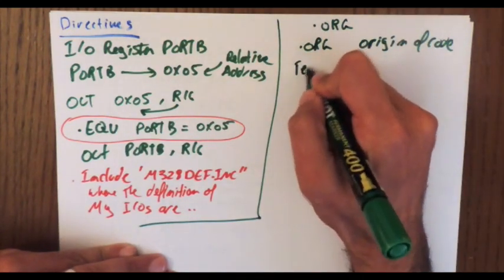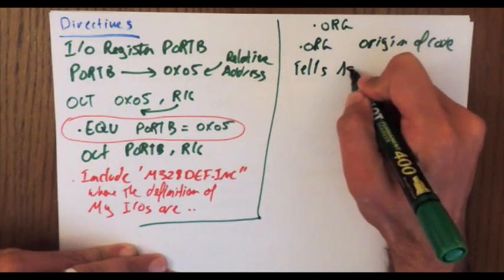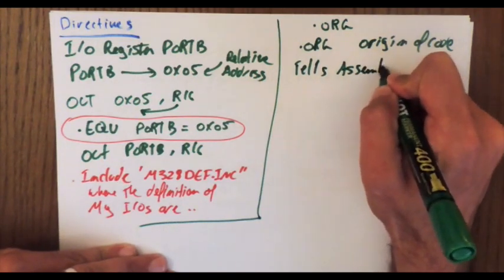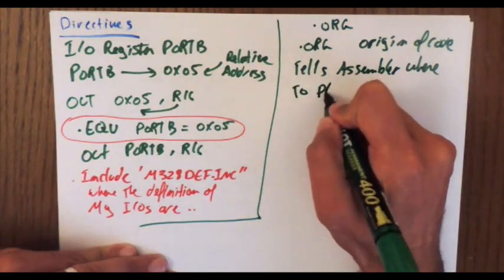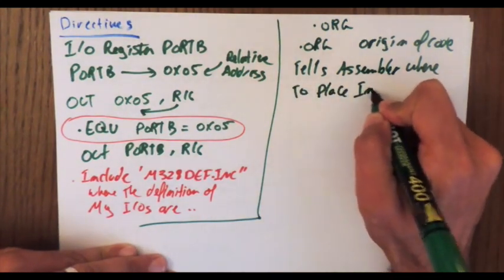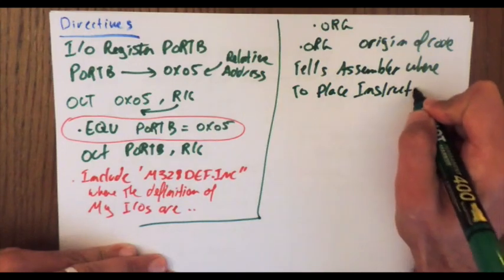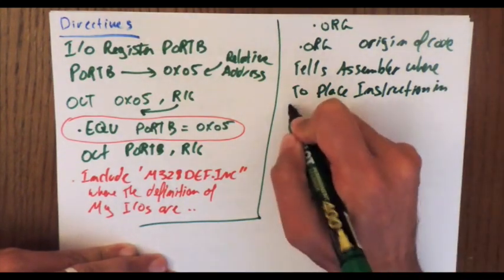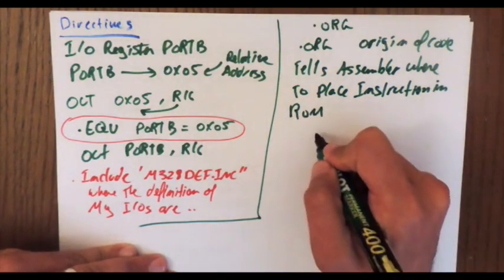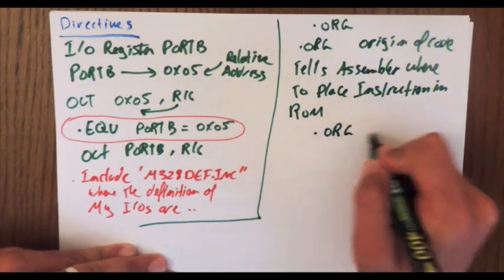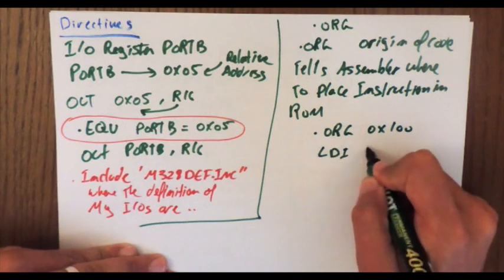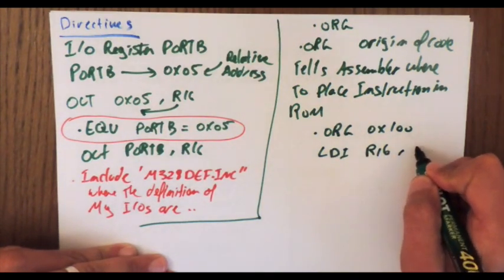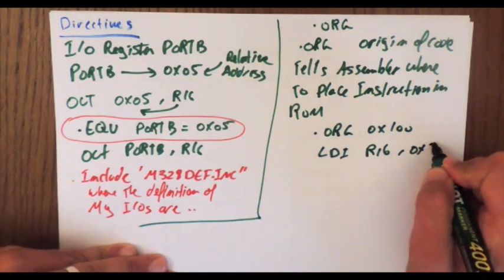It tells the assembler where to place data and instructions in ROM. For example, say .org 0x100, and then I say LDI R16, 0x20.